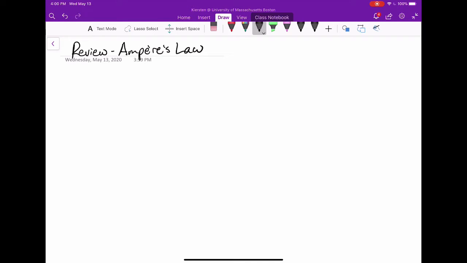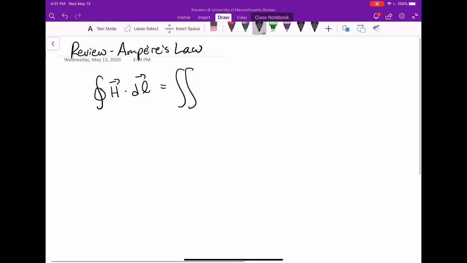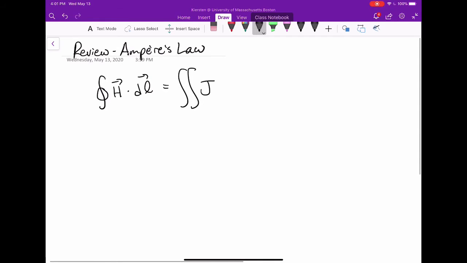We're going to do a review problem about Ampere's law. To start with, this is what Ampere's law actually is. It is that the contour integral of the magnetic field around some contour is equal to the current that is flowing through the surface whose boundary is that same contour.